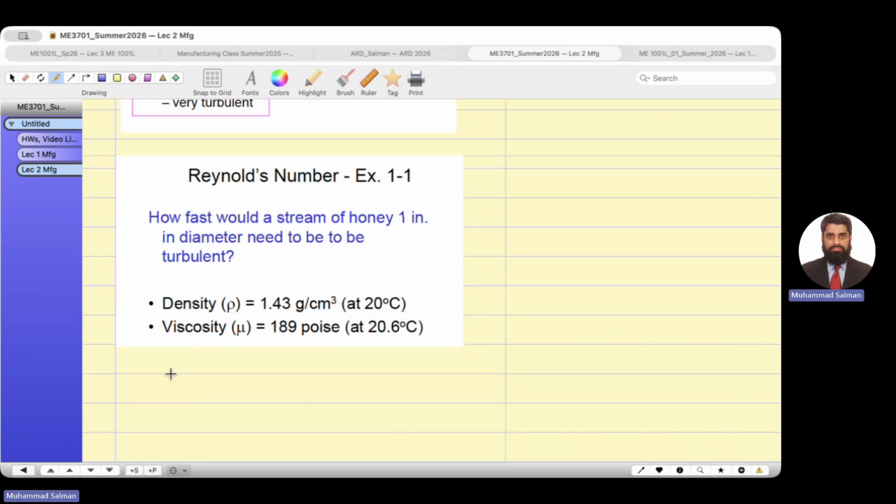Okay, Reynolds number. How fast would a stream of honey, 1 inch diameter, need to flow to be turbulent? So this pipeline is about 1 inch in diameter.